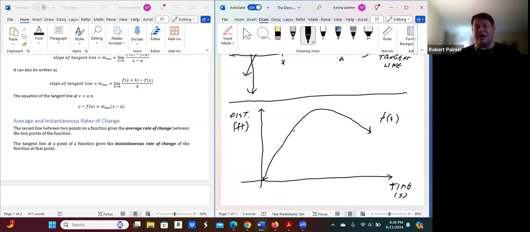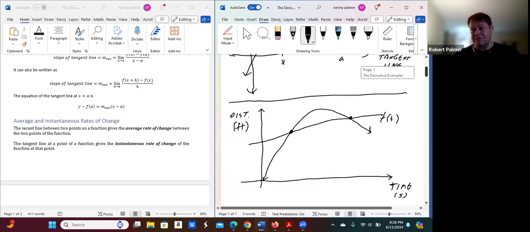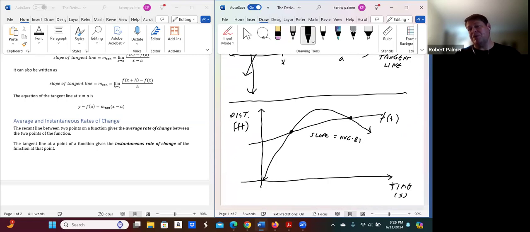So if this is distance on this axis, let's once again do a secant line. If I take these 2 points right here, similar to the first example, I draw a line between those two. The slope of the secant line equals what's called the average rate of change, and it's going to be in units of feet per second.